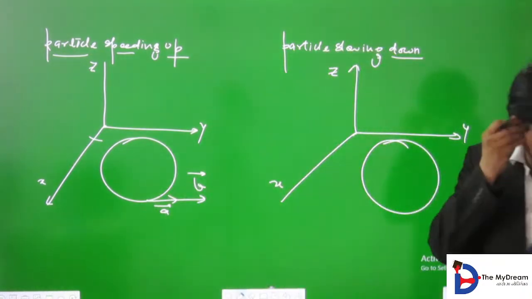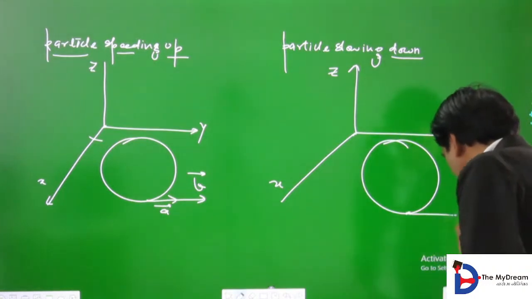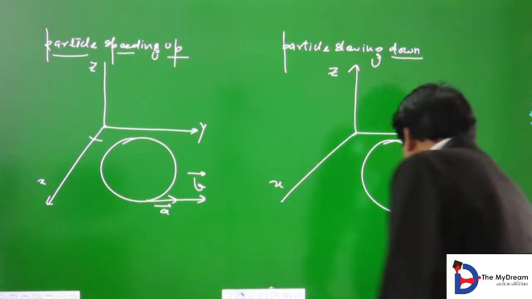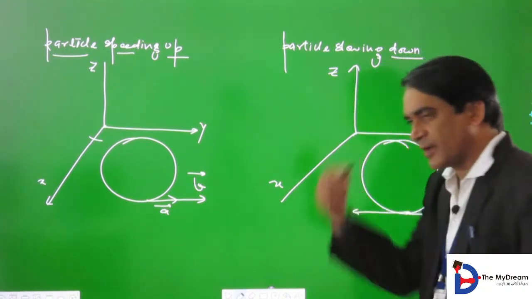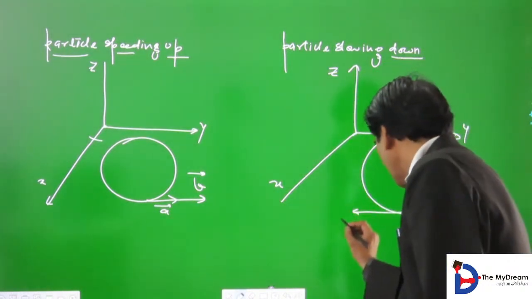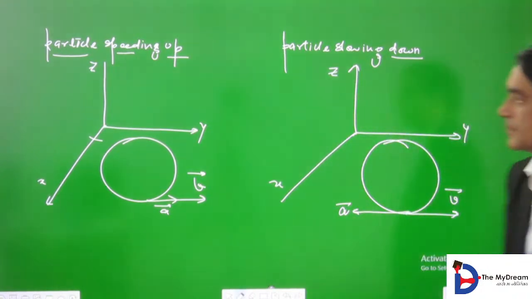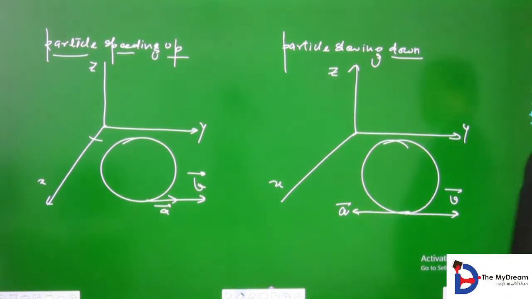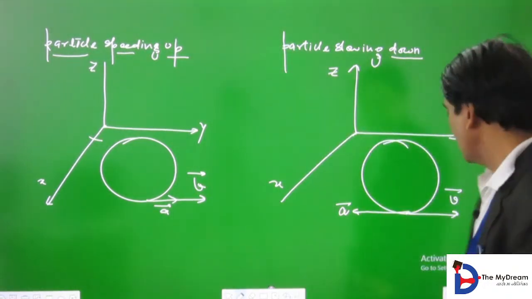Now you see, if the direction of the velocity is anti-parallel, or you can say there is a frictional force, then the arrow is like this. So this is the slowing down process and this is the speeding up process.